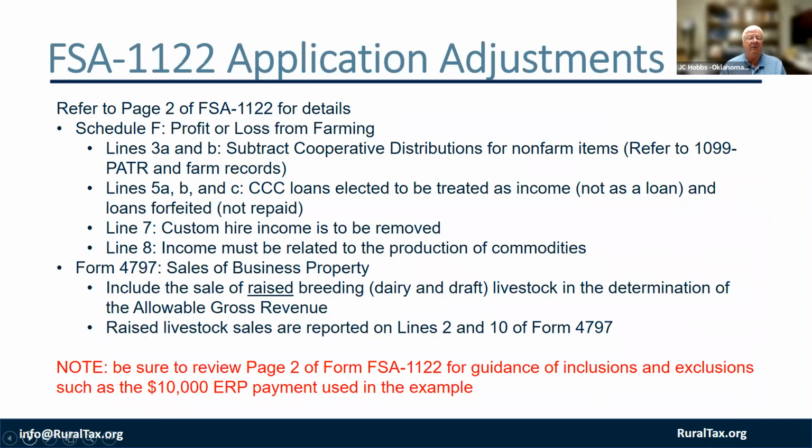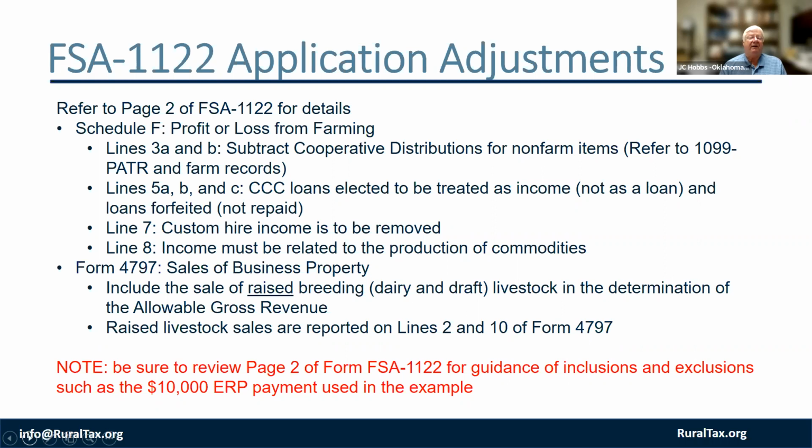So here's the recap of the adjustments. Go back to the form FSA 1122, page 2 for the details. For the adjustments that we made for Will, that's lines 3A and 3B. That's the 1099 patronage. For his return, we had to go back to the farm records. 5A, B, and C, again, these were loans elected to be treated as income. They weren't treated as a loan.